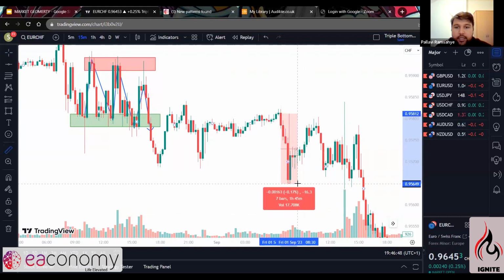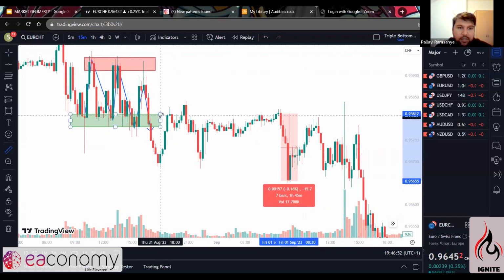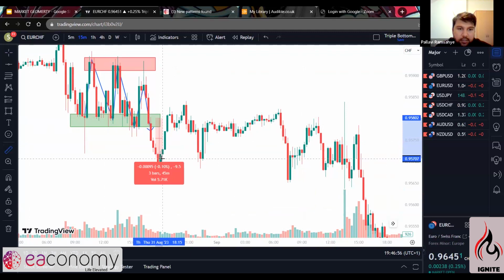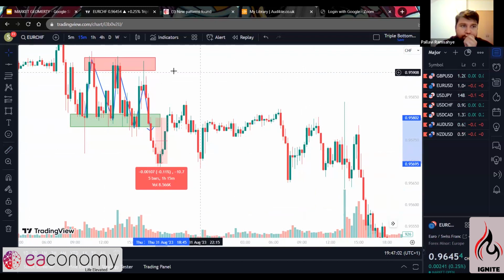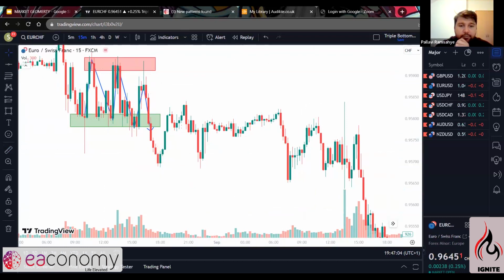But if you're scalping, more than likely you would have just got the 10 or so pips. So if you caught it at this retest, about 10 pips on a lower time frame if you're scalping. Again, it's very simple. When you're looking for these patterns, don't complicate it.